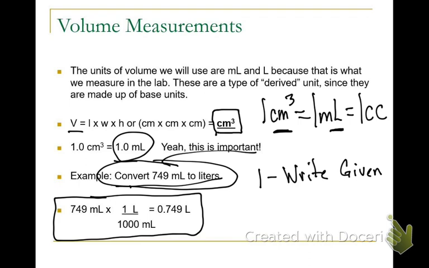Notice how I rewrote 749 milliliters with the unit. Your units are going to be so incredibly important. They get cumbersome. They get annoying because you're going to rewrite them over and over again. But they are important as anything else. Write it down.